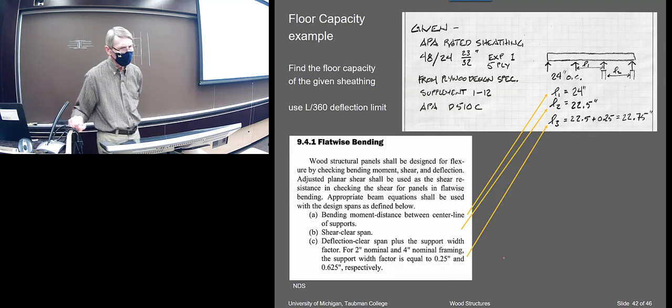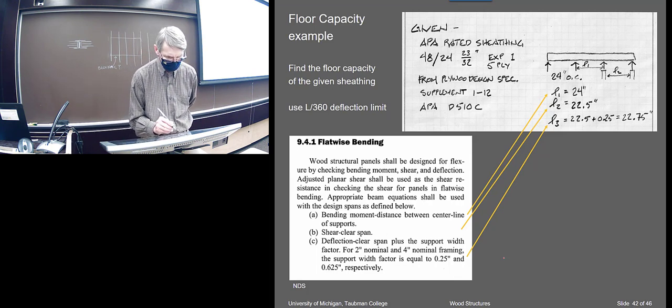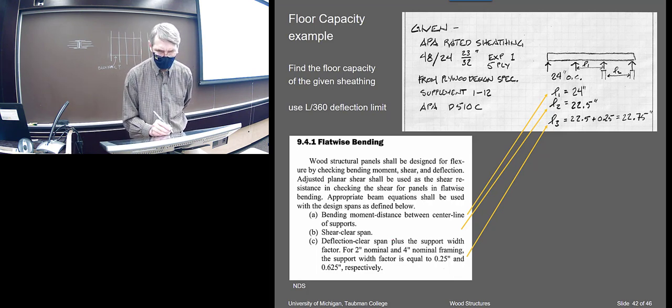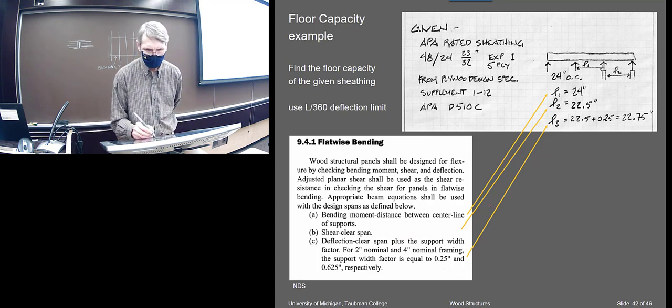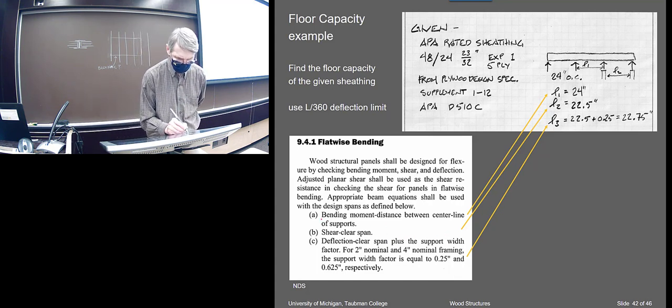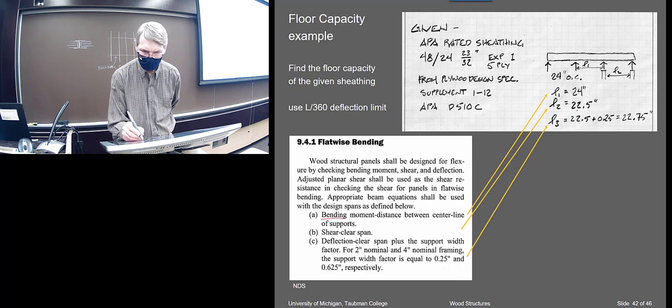And then this is a little example of how to actually specify the flooring. So first thing to remember, we looked at this, I think, way at the beginning. There are 3 different spans that they talk about. The on-center spacing span is used for flexure. The inside dimension, that would be this one.